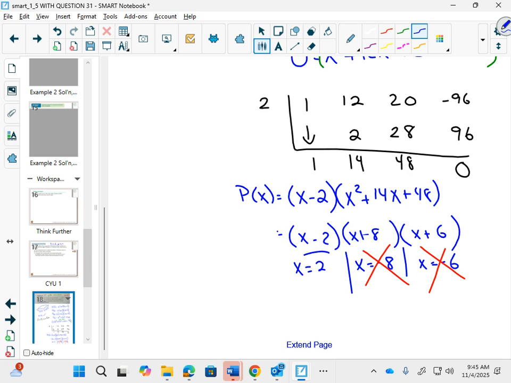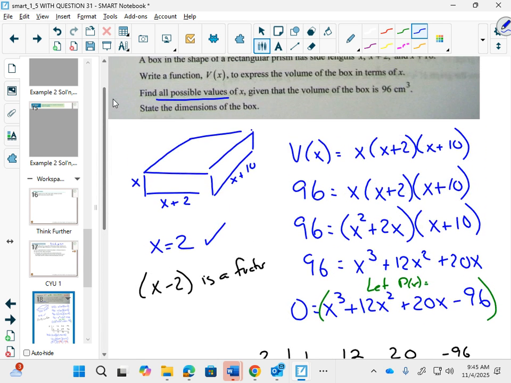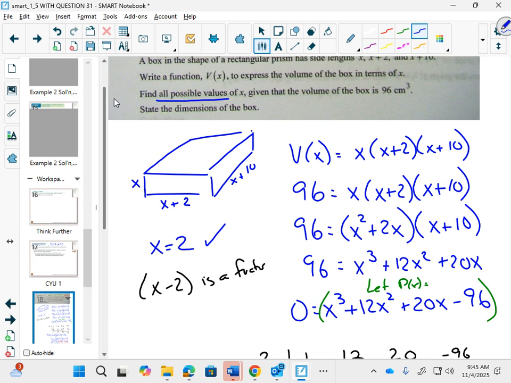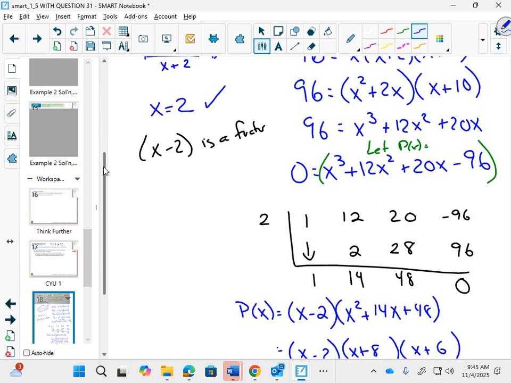So I know this is the answer. What do I have to do? It's a word problem. What did they actually ask me to say? Find all possible values of x, given that the volume of the box is 96. State the dimensions of the box. So if x is 2, it would be 2 centimeters by 4 centimeters by 12 centimeters.